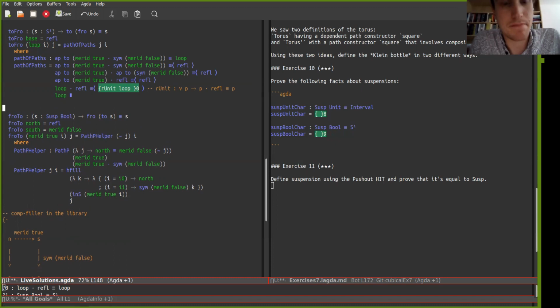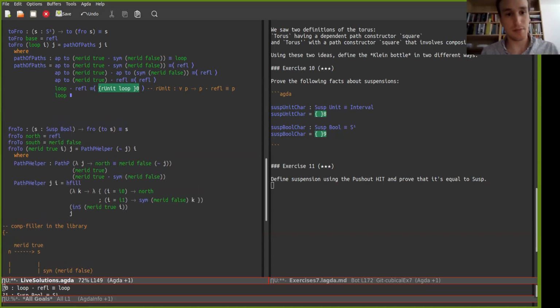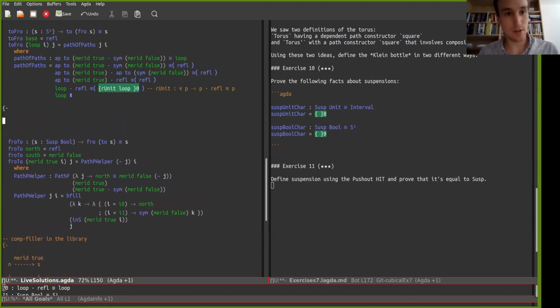Well, you can prove it very similarly. If you draw the square for the composition of P with REFL, then you get your point X, say.